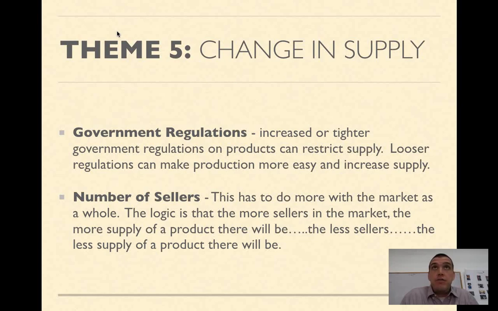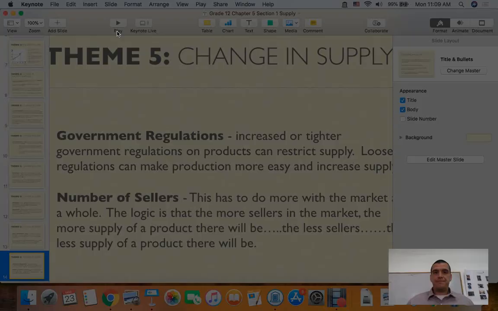There'll be a lot for people to choose from, and people won't have a problem finding a pair of shoes. And again, the opposite goes. When there are fewer sellers in the market, the less supply of a product there will be. If you don't have that many people selling a certain product, then it'll be harder to find the product. That's how the logic goes.